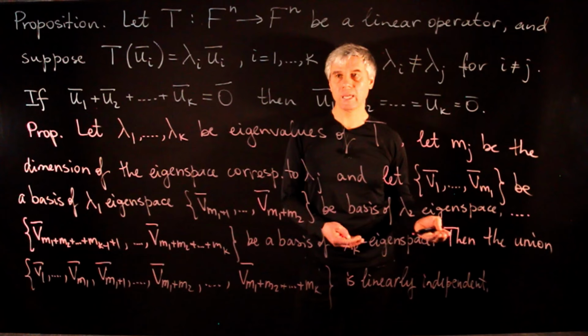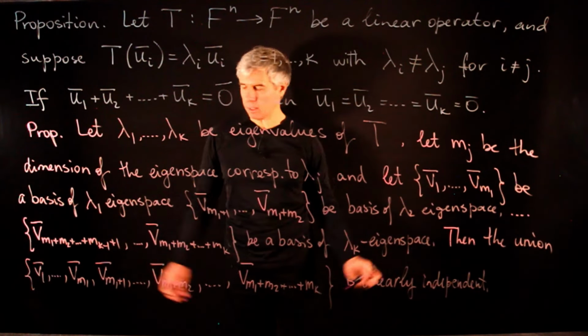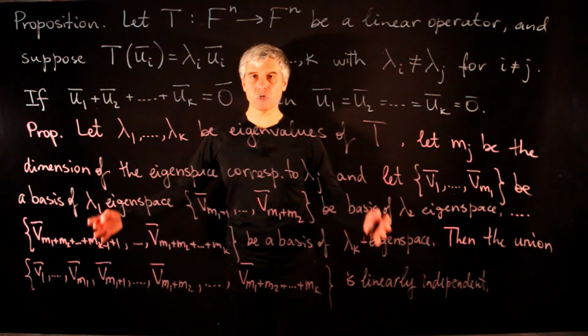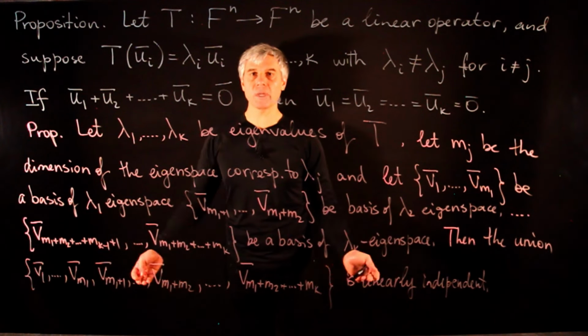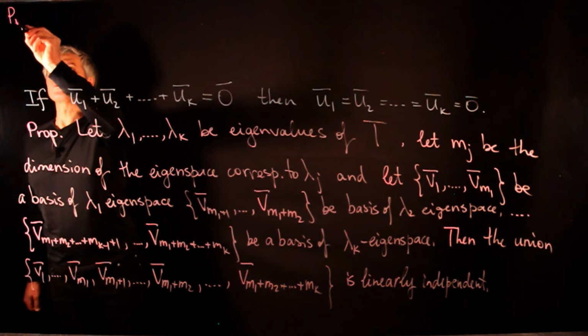So here we take bases of all eigenspaces, put them together, and we claim that this large union of the bases of eigenspaces will still be linearly independent. Let's give a proof.